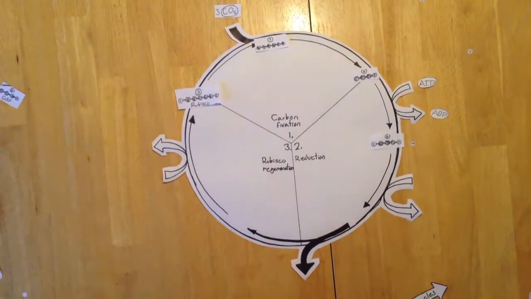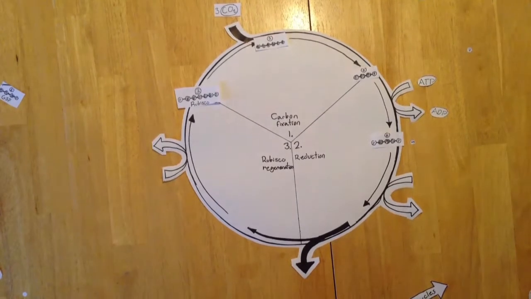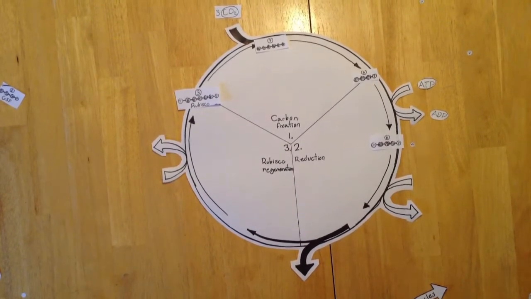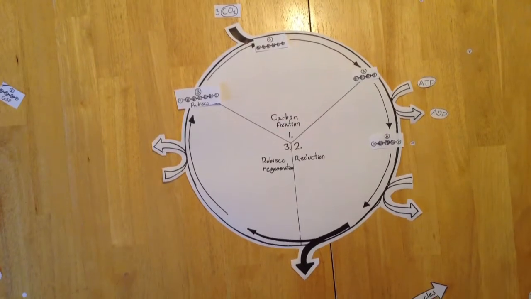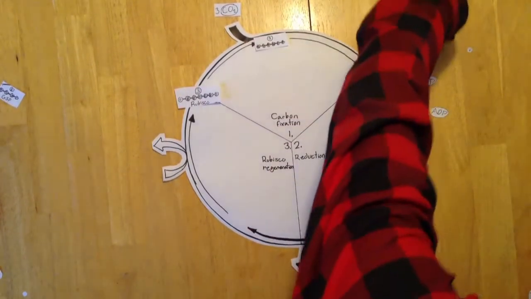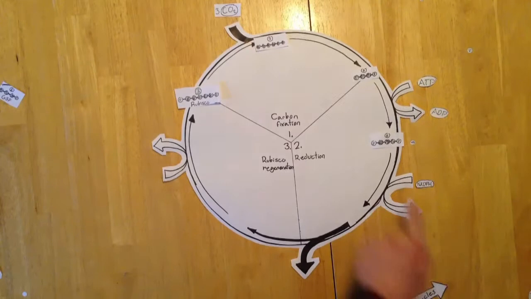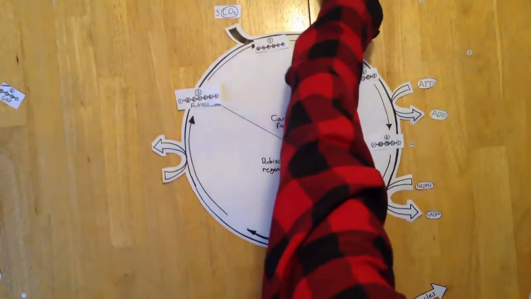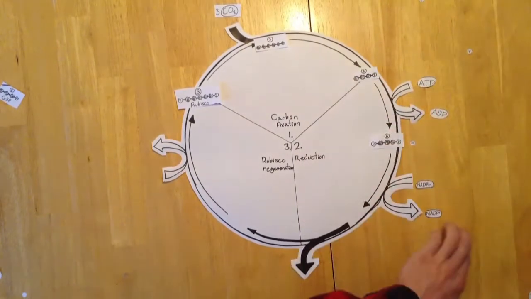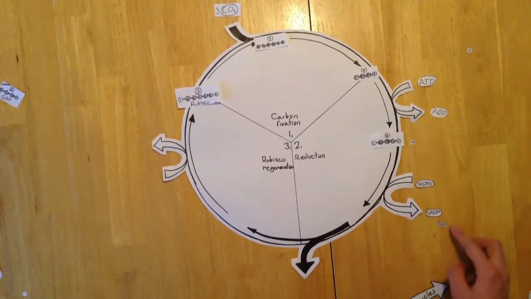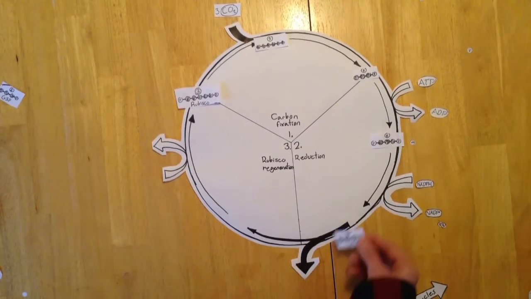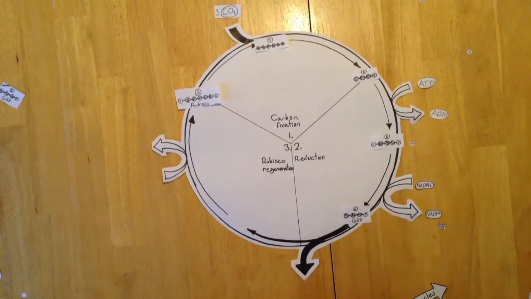So that one still can't really be used to do anything in the cell, like make sugar or ATP or anything. So, some energy from NADPH, which turns into NADP plus and those hydrogen ions, is used to change its structure once again, to make 6 3-carbon molecules.